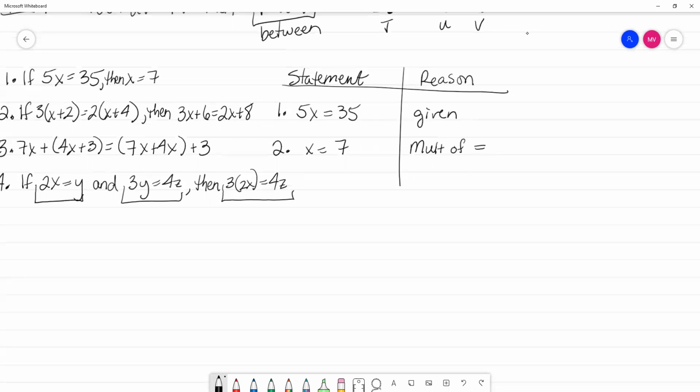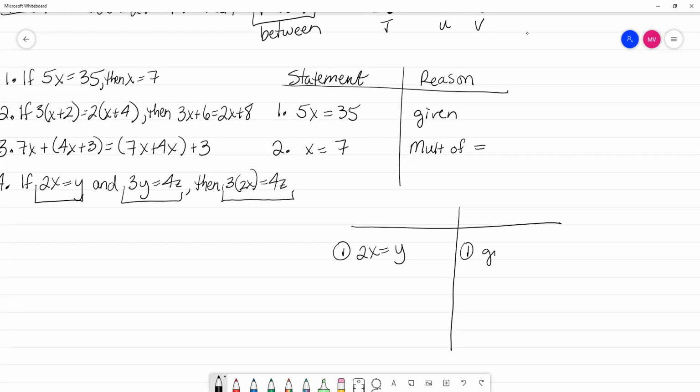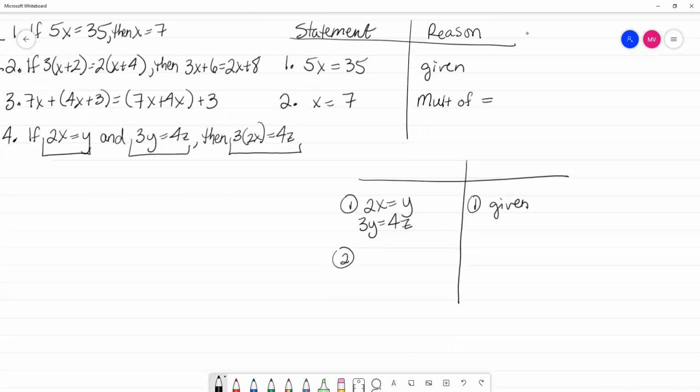Look at this in terms of a proof. So we have a 2-column proof. Our first statement is 2x equals y, given. 3y equals 4z, given. Then you can take that 2x and plug it in for y.